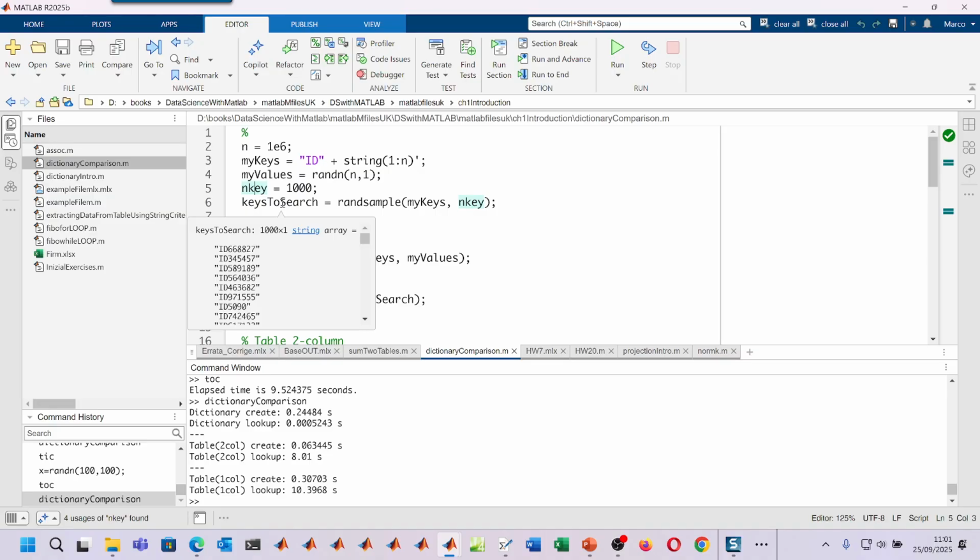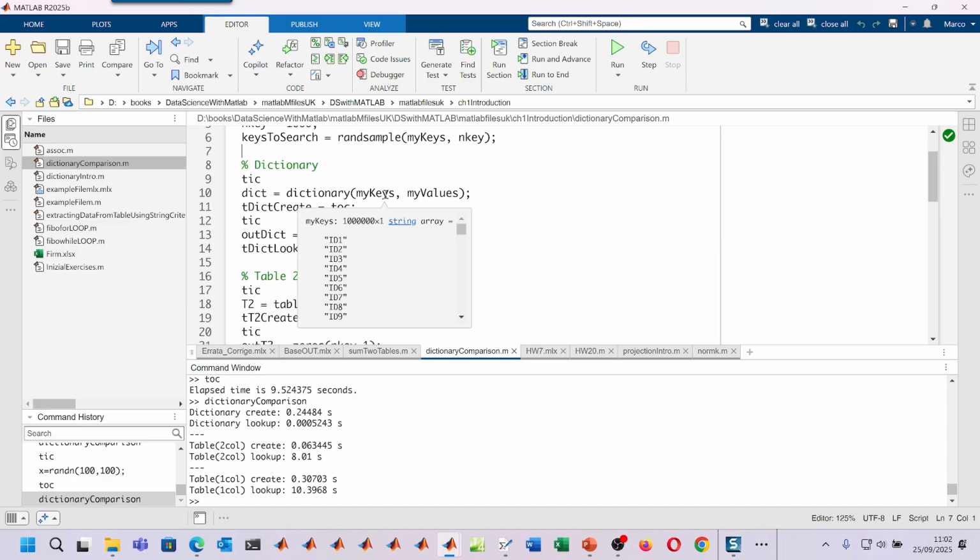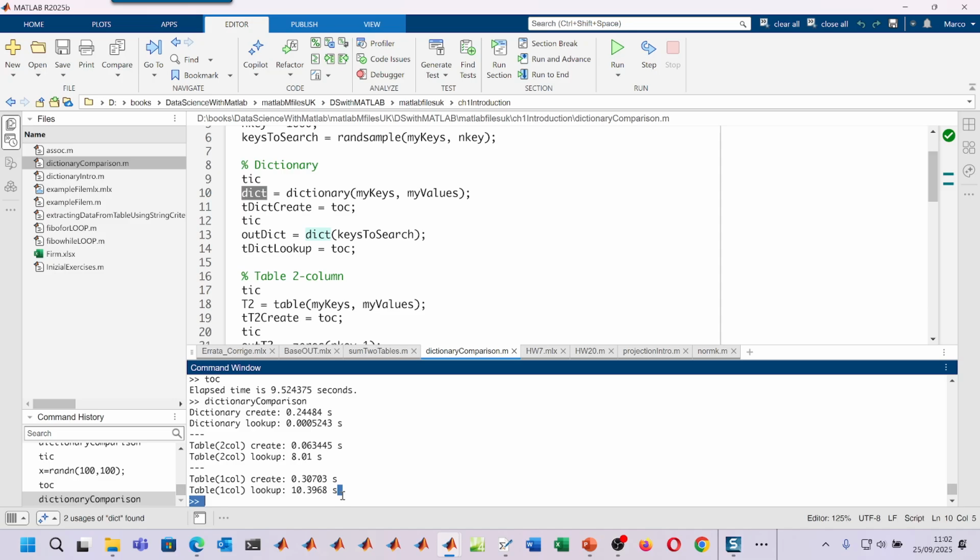So you see, overall they are 1 million. You extract a subsample of 1,000, and then for these keys you have to know the associated value. And then you say, okay, create the dictionary with my keys and values. This dictionary has 1 million values.